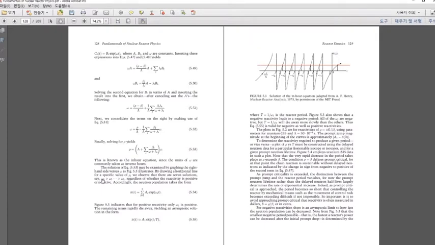The biggest one would be denoted as omega 1, and the smallest one will be denoted as omega 7. So in figure 5.3, this would be omega 1, omega 2, 3, 4, 5, 6, and 7.